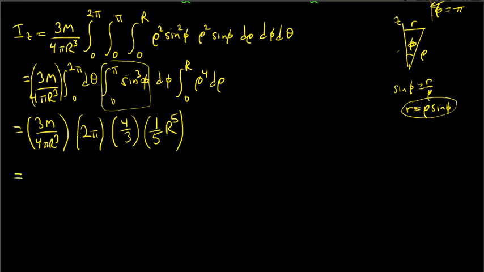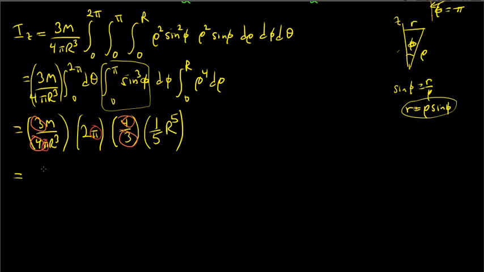All right, so now it's just a bunch of arithmetic here. So let's see. Well, let's cancel this 4 and this 4 cancel. This 3 and this 3 cancel. So what are we left with? 2 pi. Oh, the pi's cancel, of course. Pi divided by pi cancels.